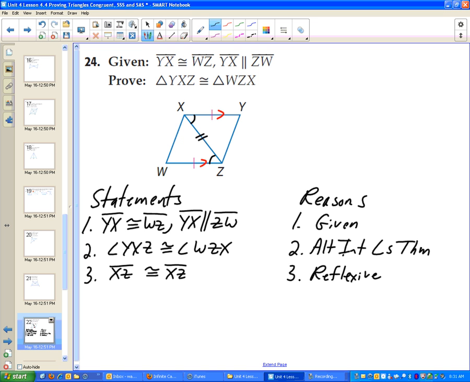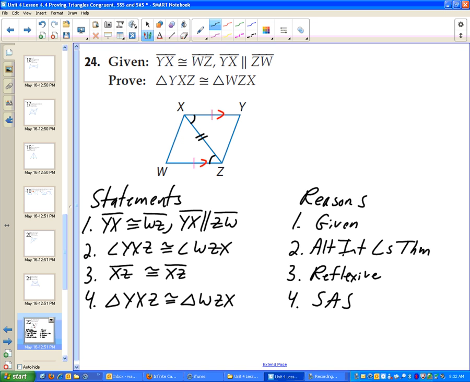And that's enough information, isn't it? That proves that those two triangles are congruent. So, triangle YXZ is congruent to triangle WZX. And what's my reason for that? Side angle side. So that's all I have to put, SAS.